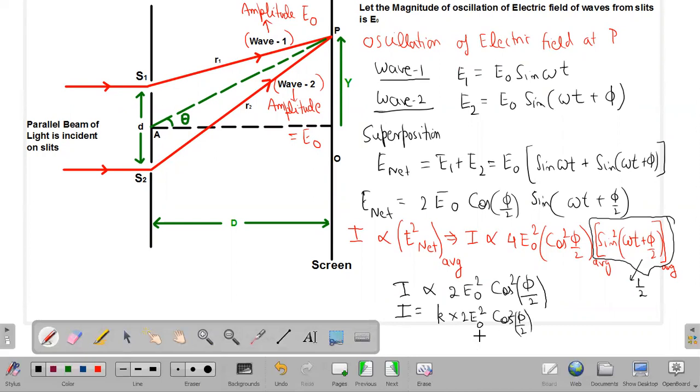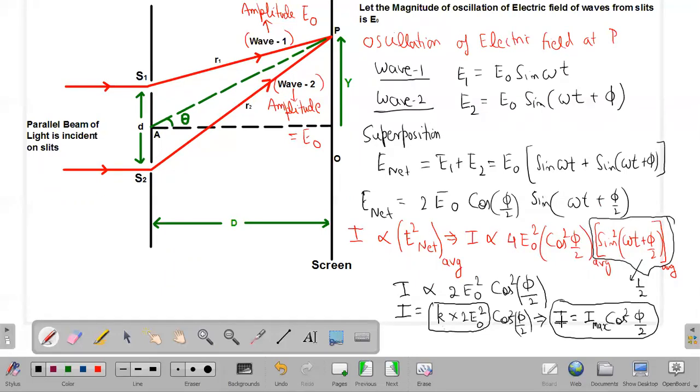We know the maximum value of the cos function is plus 1, so k into 2 E naught square is nothing but the maximum possible intensity. Therefore the intensity I equals the maximum intensity into cos square phi by 2. So this is the final result of intensity distribution in the double slit experiment.